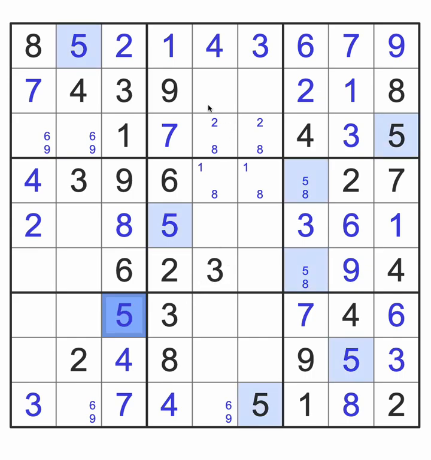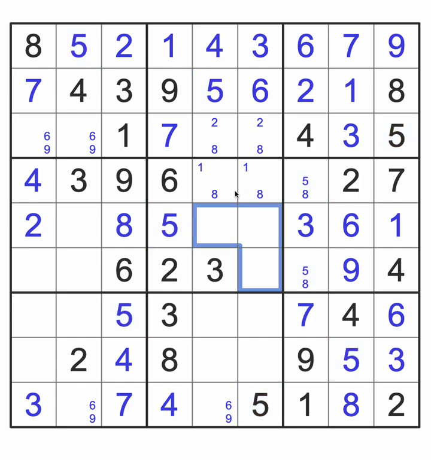Okay, 2, 8. These 2 will be 5 and 6, so 5 here makes this cell 6. This will be 5. And 4, 7, 9.